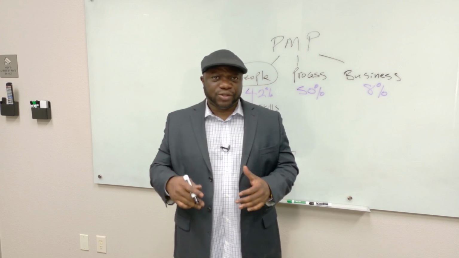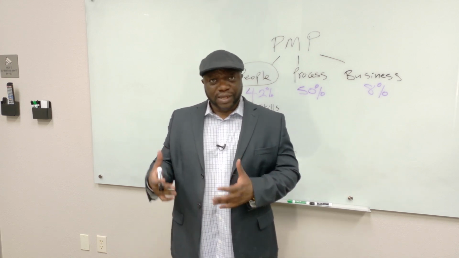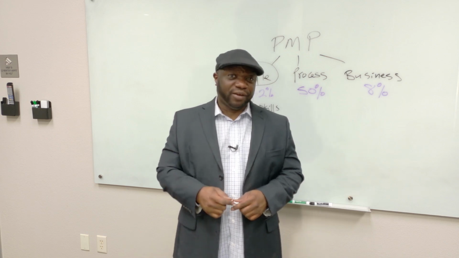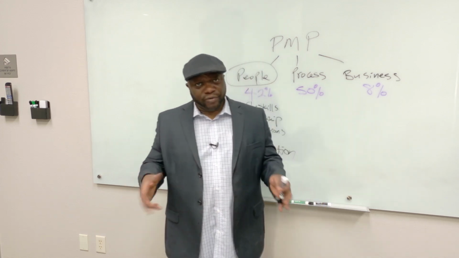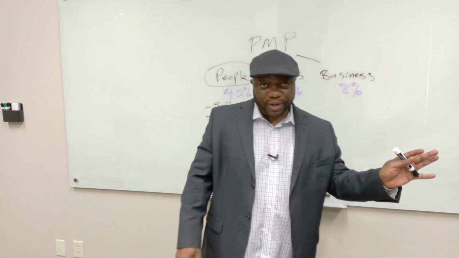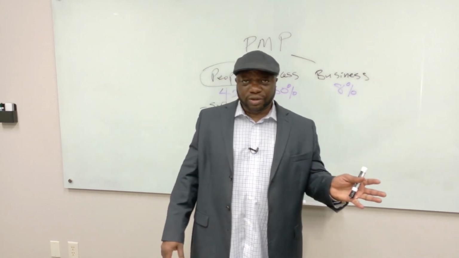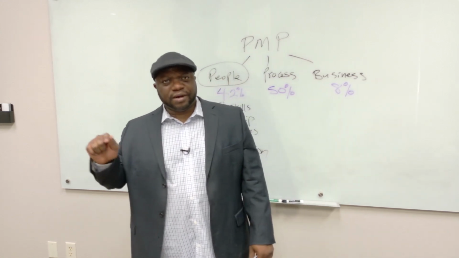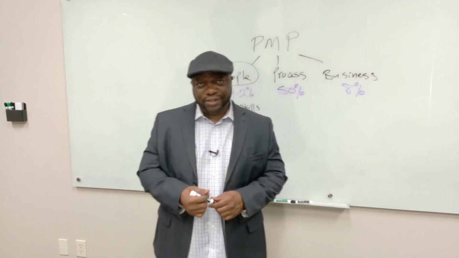So the people domain is going to test you on the philosophies that are similar to what is in the Agile Manifesto. You know, the Agile Manifesto says, through this work, we've come to value individuals and interactions over processes and tools, right? Working product over comprehensive documentation. But then it goes on to say customer collaboration over contract negotiation.